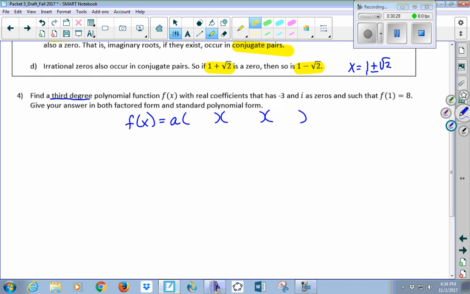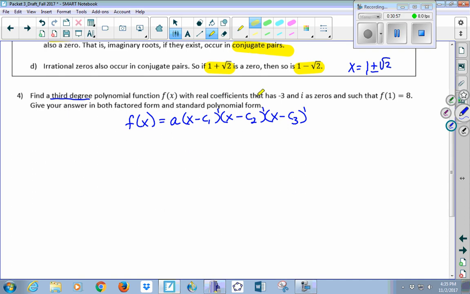I'm going to have 3 linear factors, and each factor is going to have this form: x take away my first 0, x take away my second 0, and x take away my third 0. Again, noticing that the power on each of those zeros is 1, and 1 plus 1 plus 1 adds up to 3. So that's the very first thing that I do.